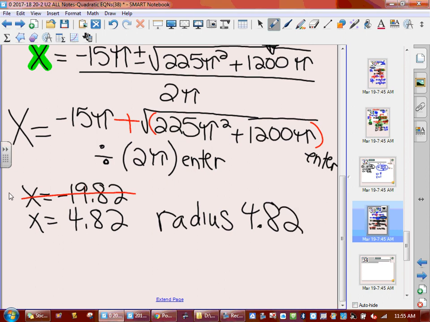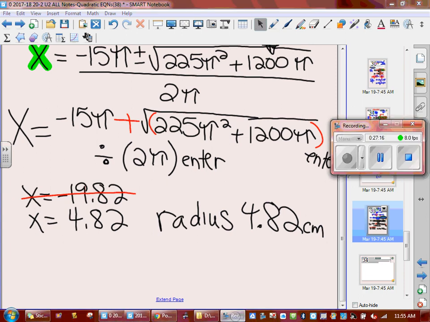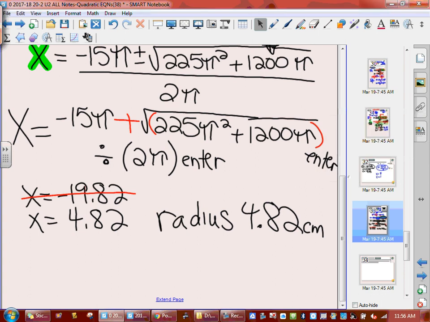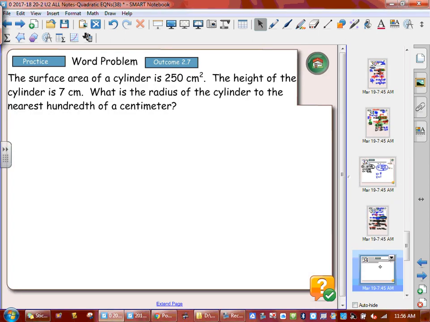I'm going to give you the equation for the next one. And I'll show you how the next one plays out. I'll give you a moment to write that down. Last example. So this one's going to be the same type of idea. We're going to get 250 equals 2 pi r squared plus 2 pi r height, which is 7.